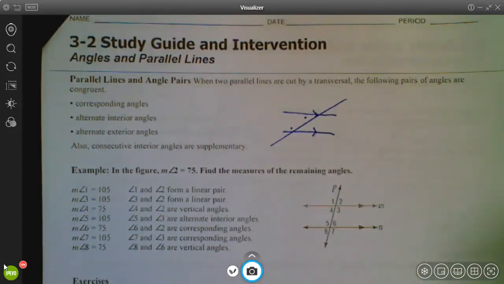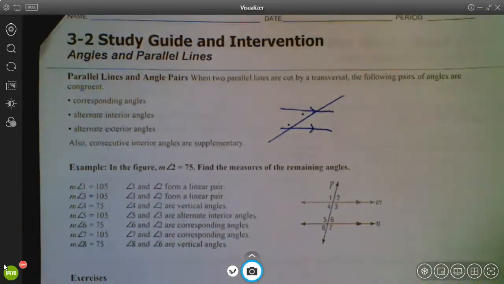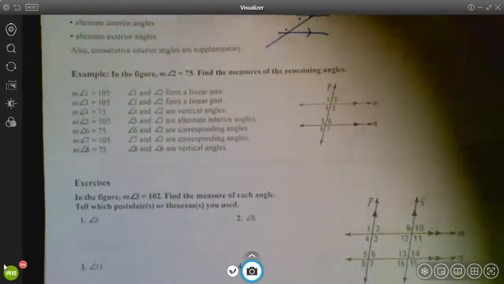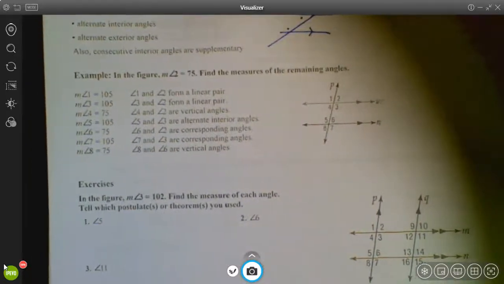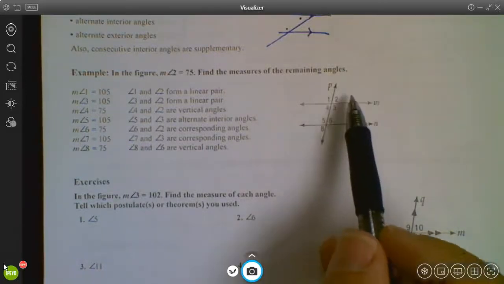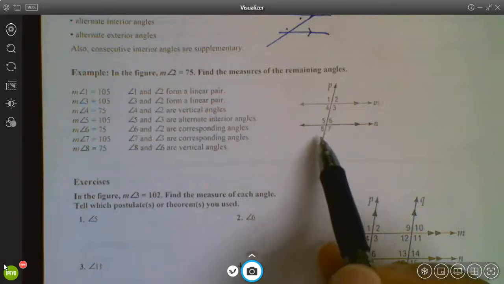They do remind you of some other relationships that we've learned before. They're all named over here, so this is a great one to look at. Great example, because it throws in a lot of the old vocab as a reminder. So don't forget about linear pairs, right? Two angles that form a line, like 1 and 2, like 3 and 4, 5 and 6, 7 and 8, right?